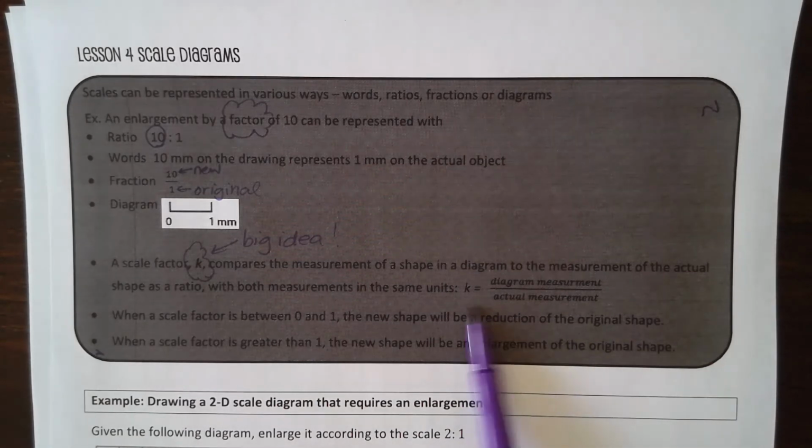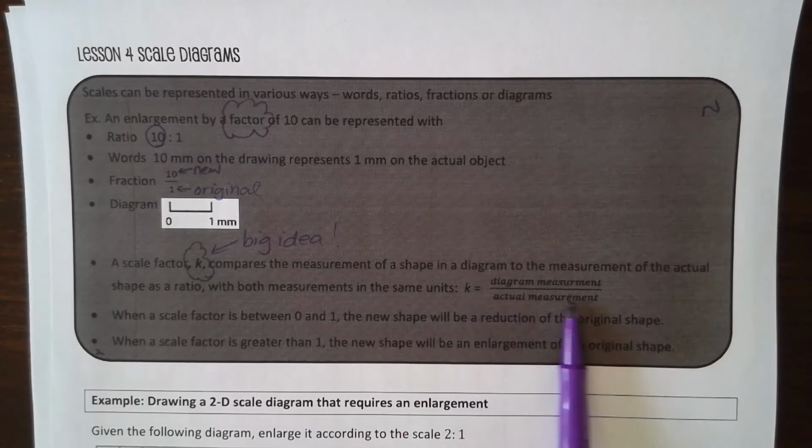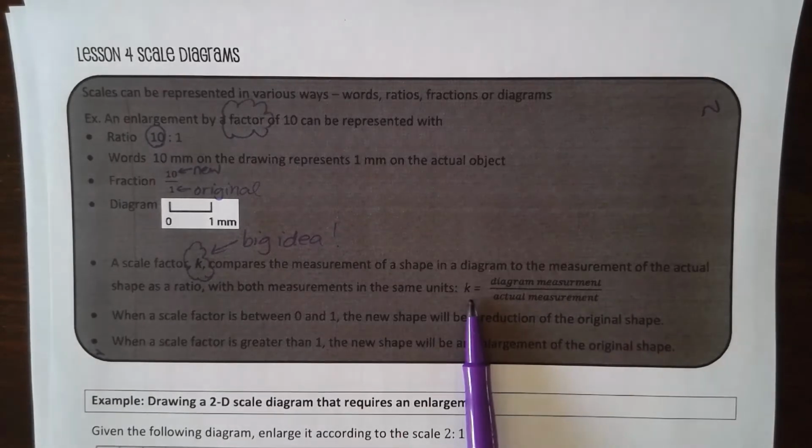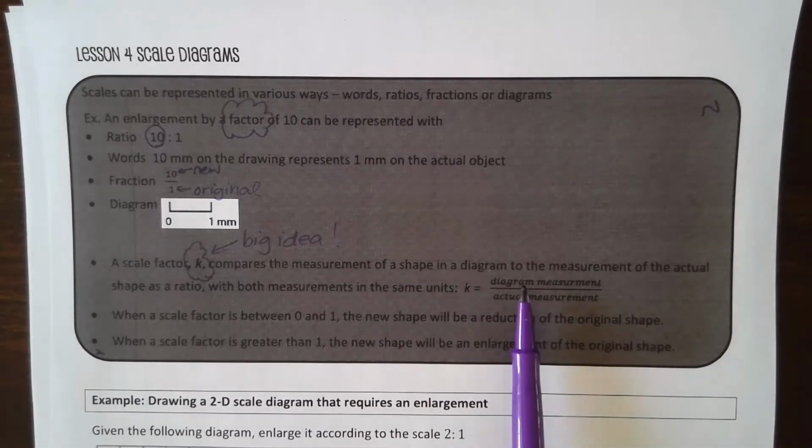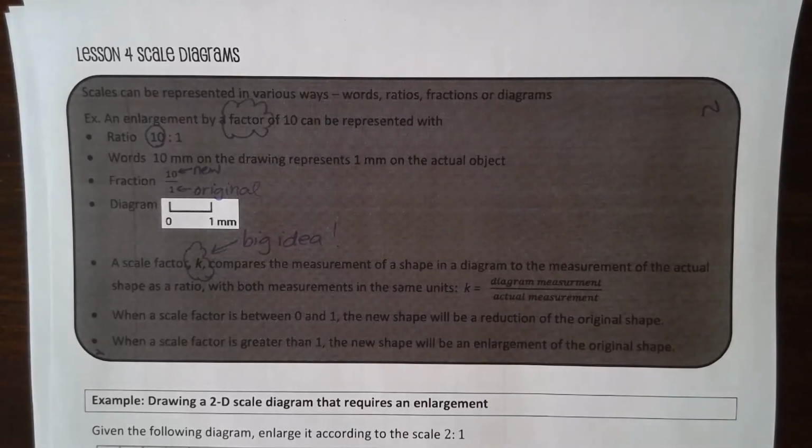You'll see this kind of fraction set up here, this equation where K is equal to the diagram measurement over the actual measurement. I personally don't like that. I always find it somewhat confusing to determine which one's the diagram and which one's actual. That doesn't seem to have enough context to me.